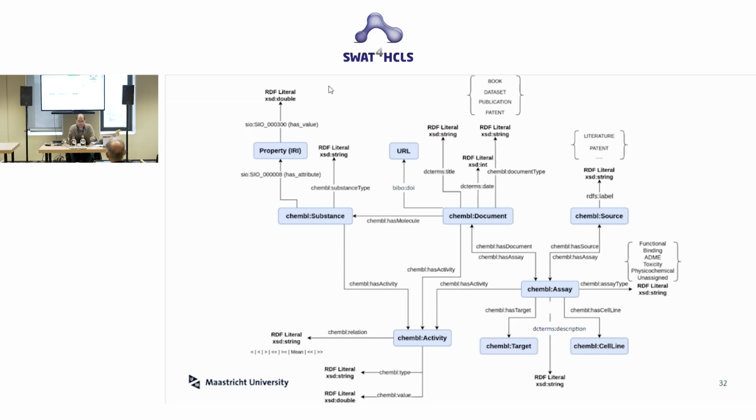And you see here, it will give only the documents of type publication. If I want to get the DOI of that publication, I say document DOI and then DOI, and I add it to the list of select. And you will see I will get the DOI of the publication where those assays were reported in the first place.